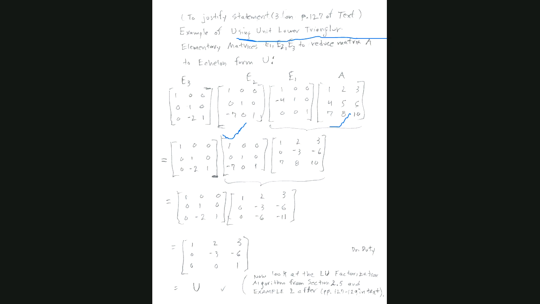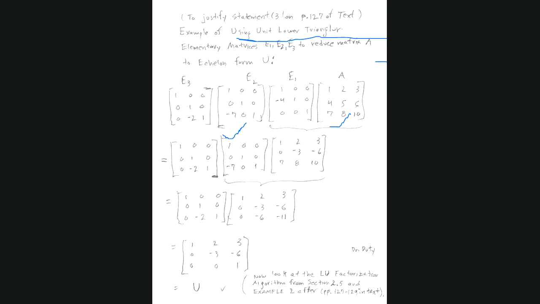Okay. All right. Let me see here. So you see what I'm doing is I have 3 elementary matrices. They are lower triangular because, you notice, above the diagonal there are zeros.